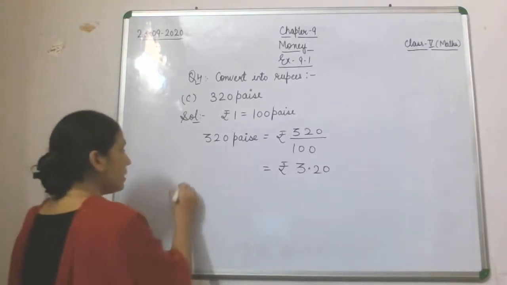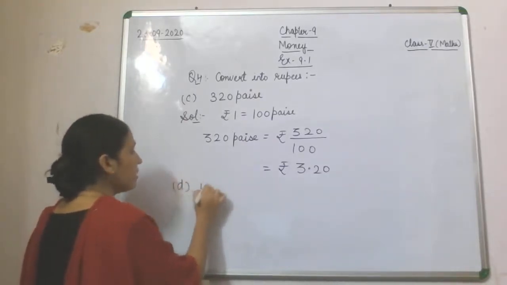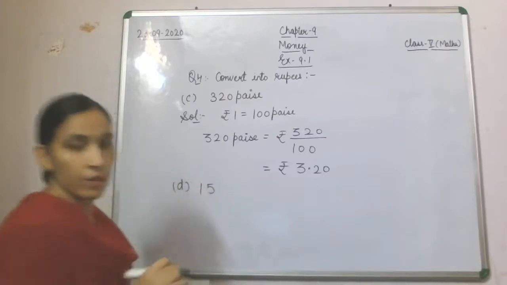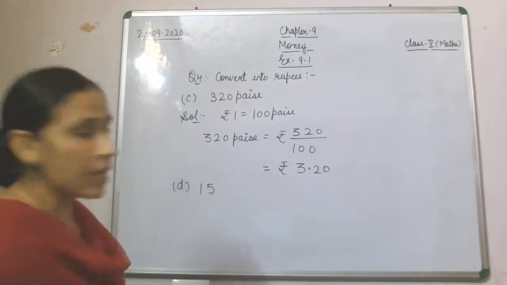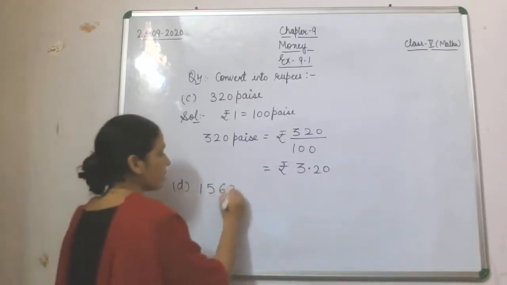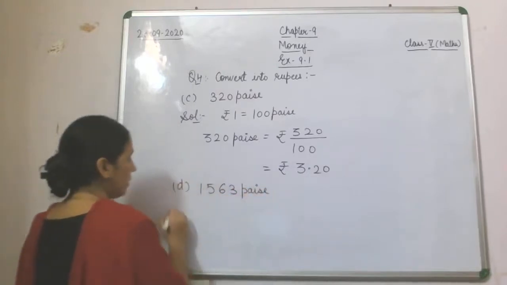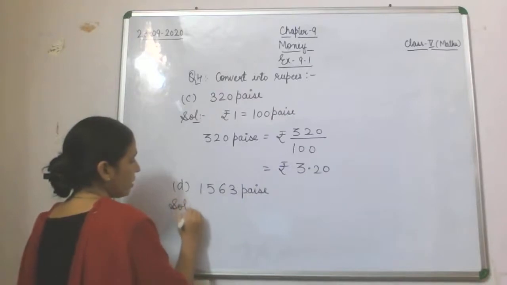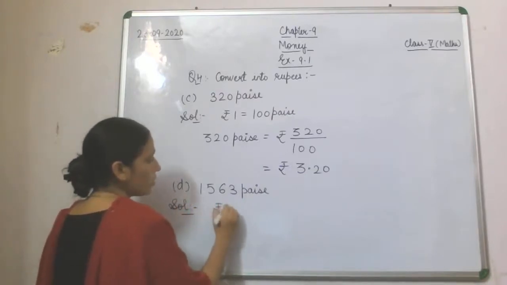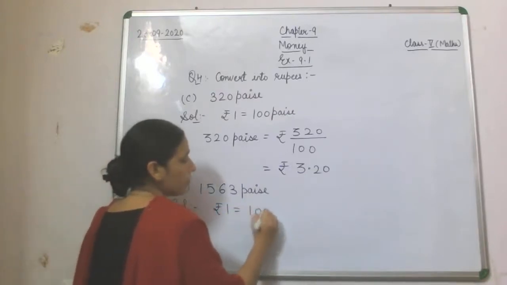Similarly, D part is 1563 paise. Again in the solution, first what is the relation? Rupee 1 is equal to 100 paise.